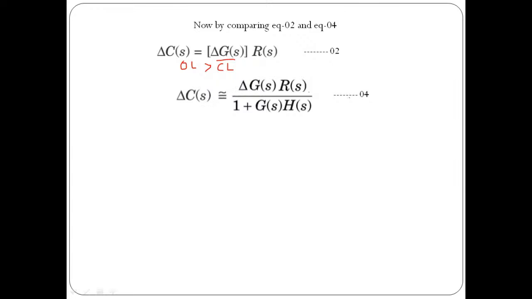But in case of closed loop control system, the entire value, that is delta g of s into r of s, is divided by this particular factor, which is nothing but 1 plus g of s into h of s. And I told you that we want to minimize this change in output, it must be 0. And to make this particular value 0, this particular value must be infinite, or practically as high as possible.